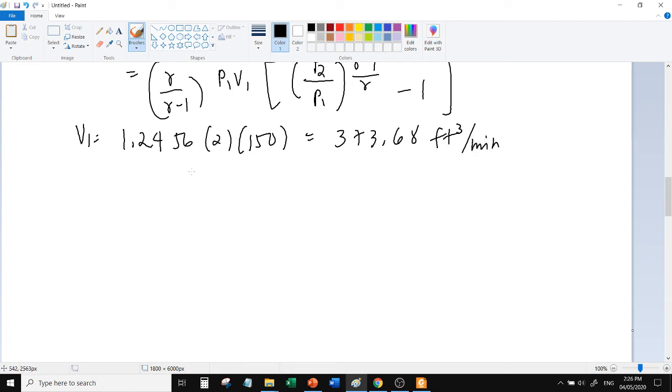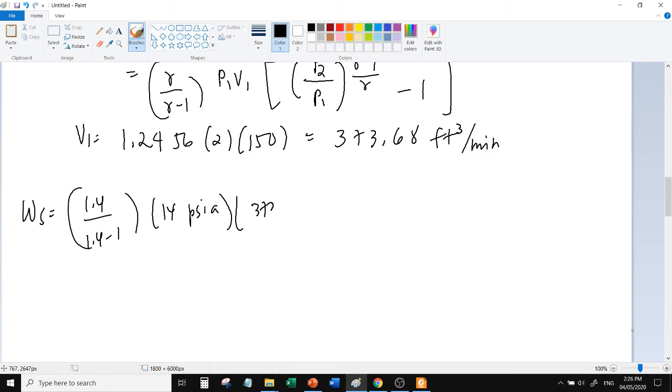So, going back to the equation, ito yung gamma, times 14 psia times V1 times, convert na natin into BTU.